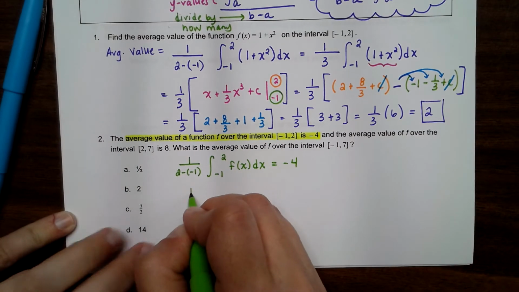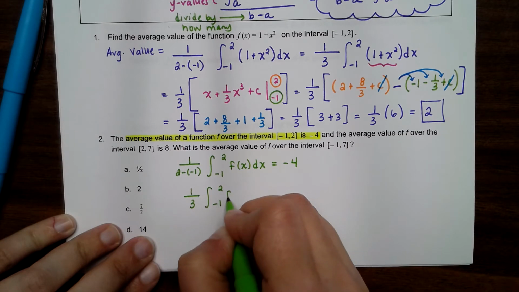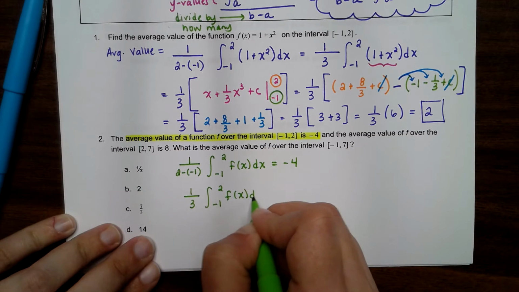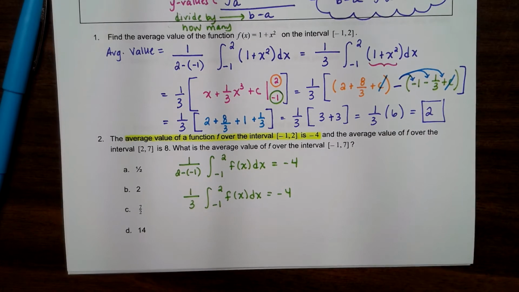A simplified way to say that would be 1/3 integral from -1 to 2 is equal to -4. That's the first part of the sentence.